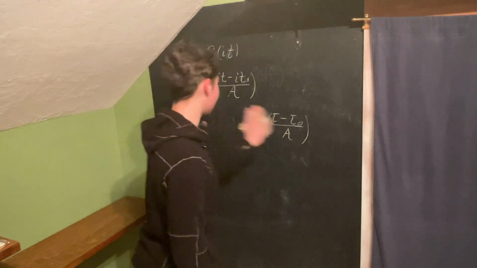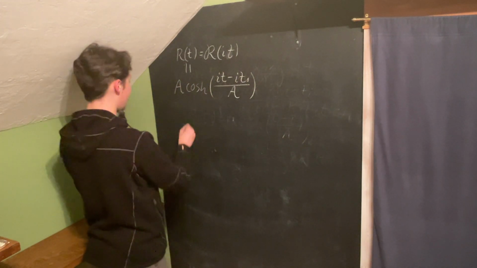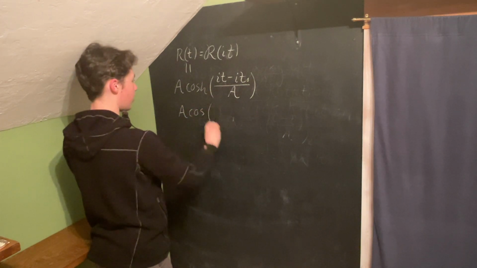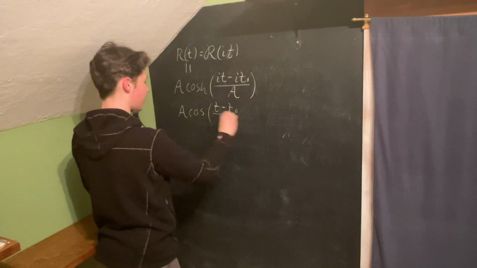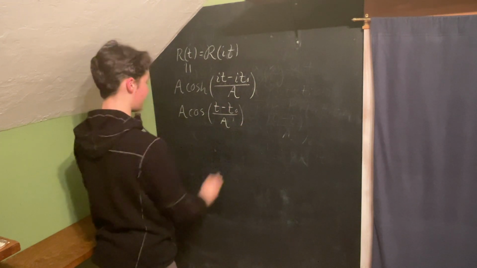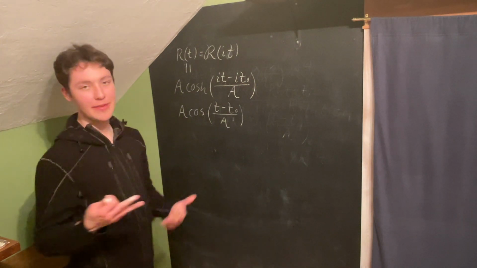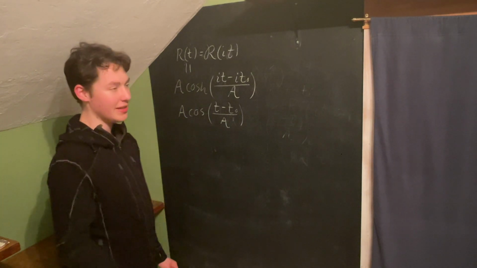I'm now erasing this definition down here. And then we can bring the i out, and we can say this is a cosine of t minus t naught over a.